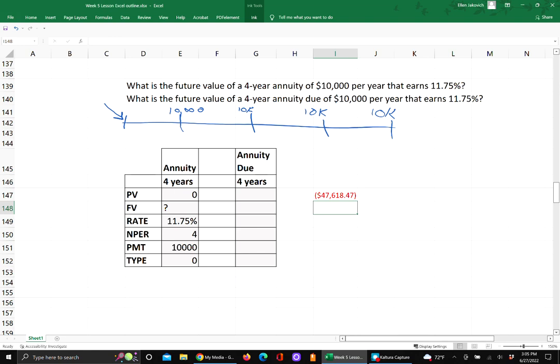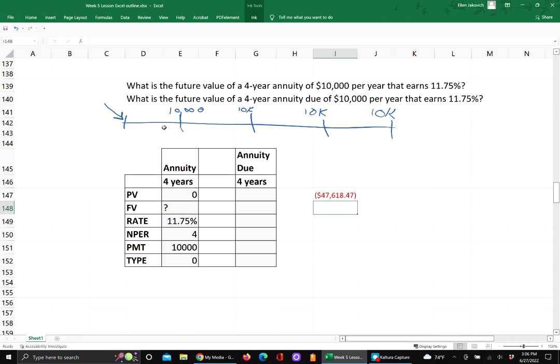I will have put in a total of $40,000, but at 11.75%, that amount has increased to $47,618.47. Now this last 10K on an ordinary goes in, and then we just say what's it worth. So it didn't have time to grow.